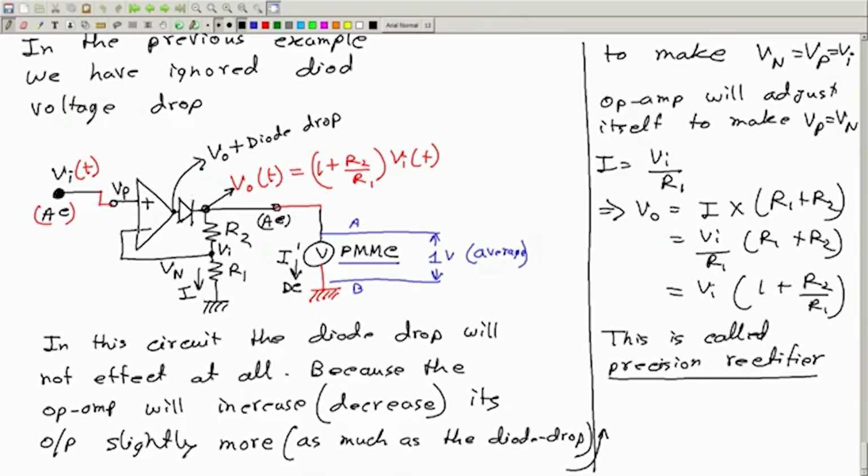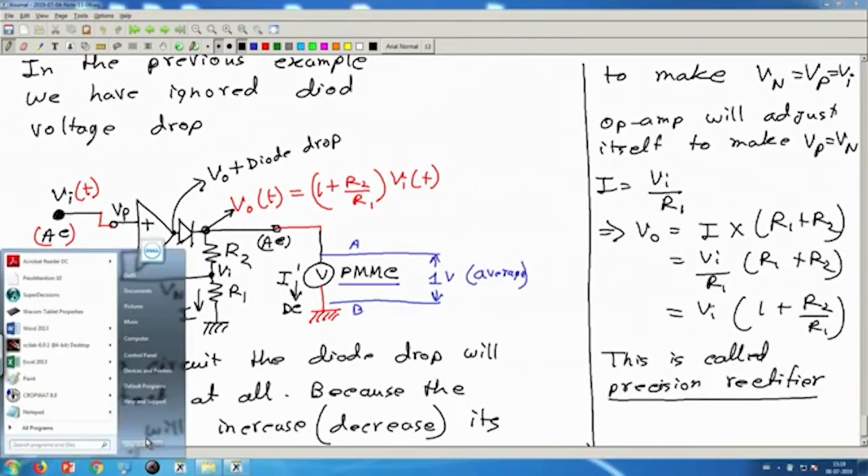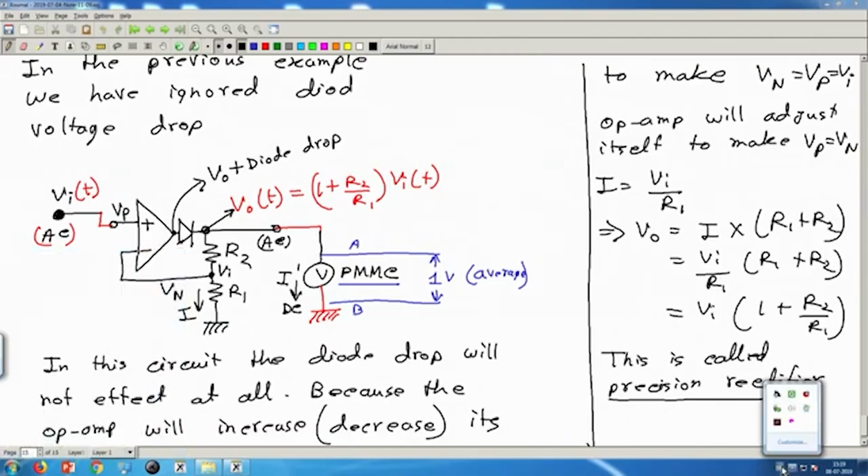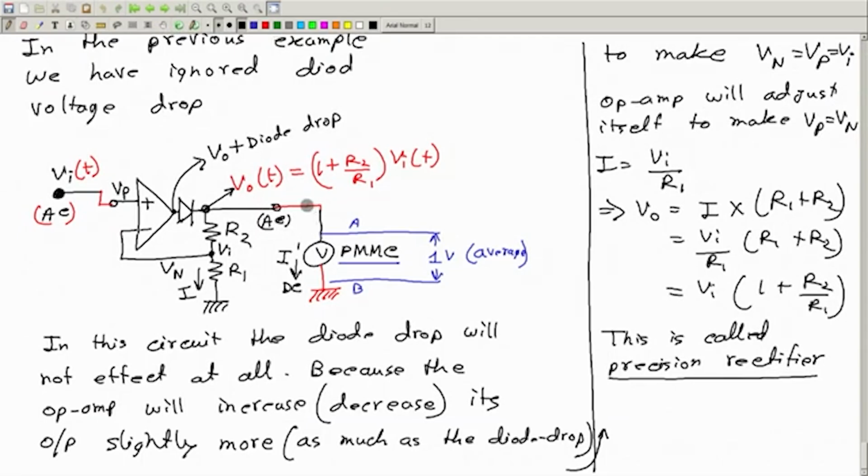The beauty or speciality of this circuit is how we put this diode or rectifier in this circuit, instead of putting it here. If we had put the diode here, then there would be some voltage drop across the diode, which would cause some inaccuracy, or we would have to take that into the calculation.